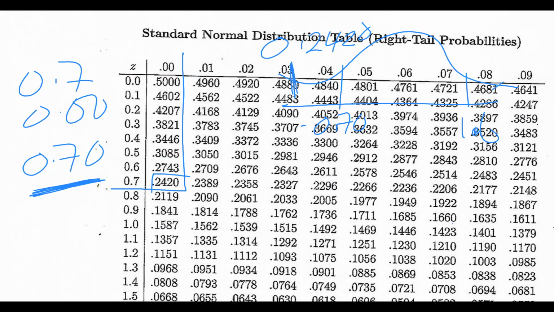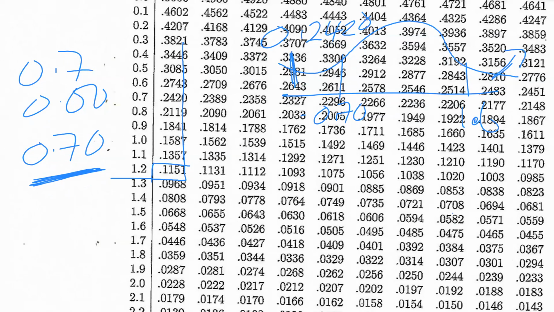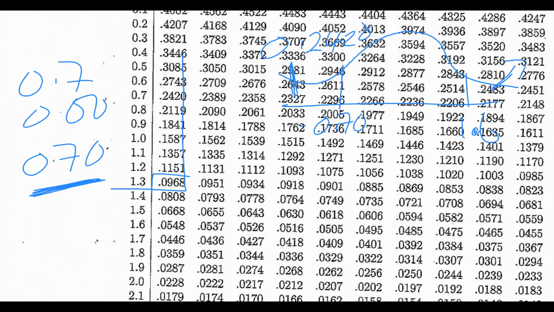The area will be on the right side. 1.600 gives 0.0548. Remember, these values are given as a point, so just know that before the point there is 0.